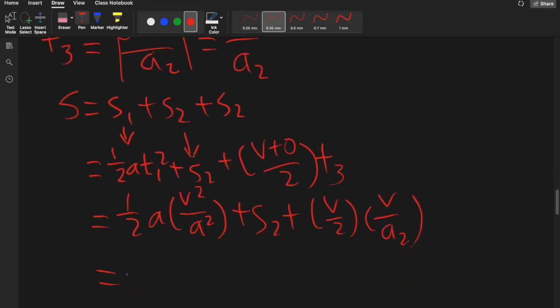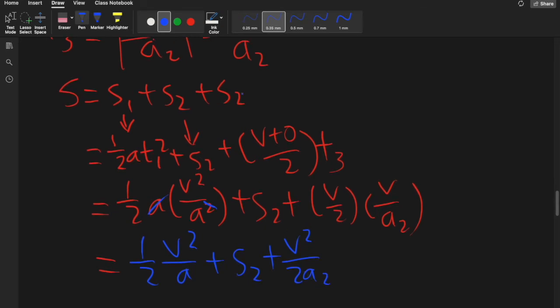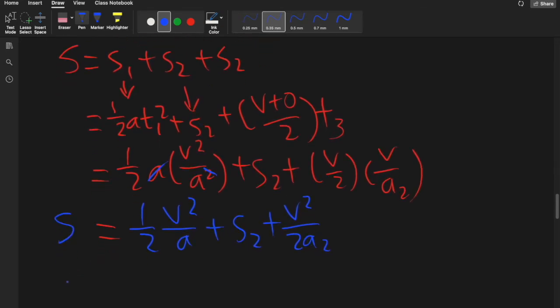So here things cancel out, so a half times v squared over a1, plus s2, plus v squared over 2a2, which is equal to s. So s2 is equal to s minus v squared over 2a1 minus v squared over 2a2.